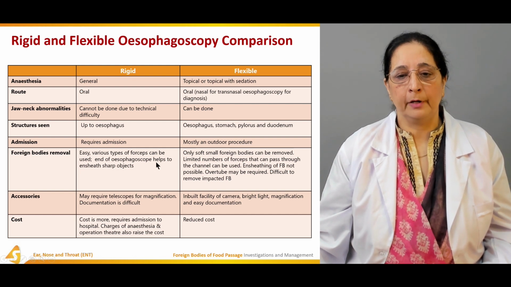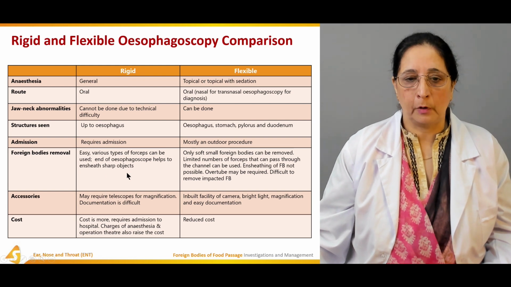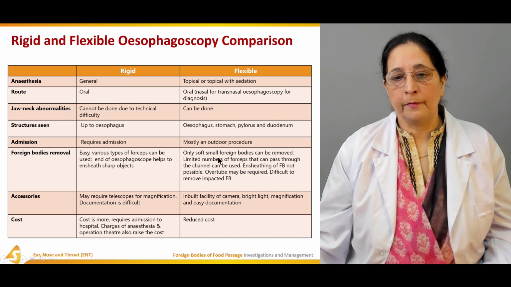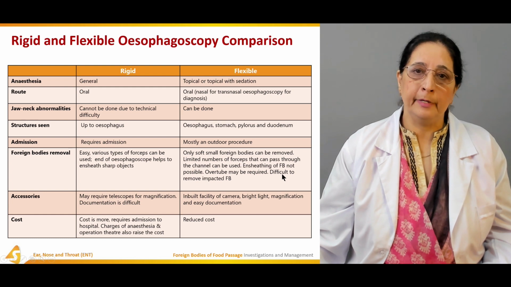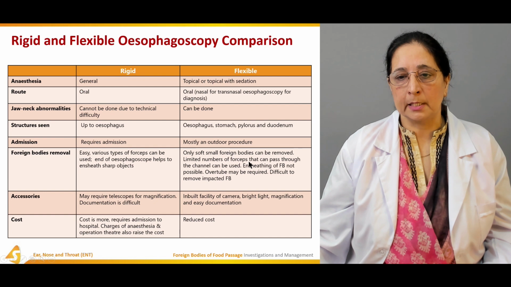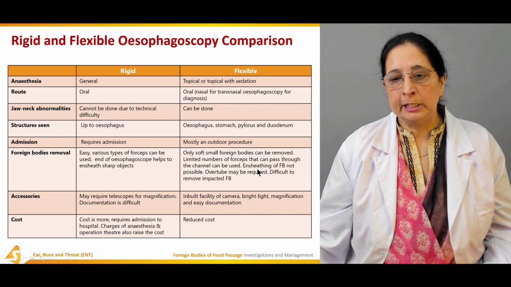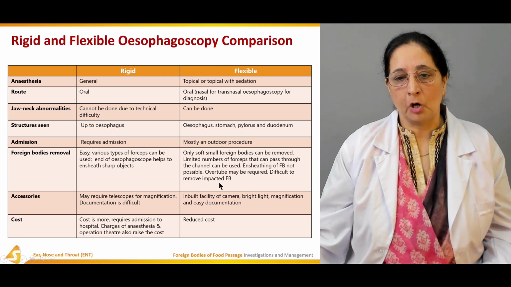The end of the esophagoscope helps to unsheath sharp objects. Only soft, small foreign bodies can be removed with the flexible. A limited number of forceps that can pass through the channel can be used. Unsheathing of the foreign body is not possible.